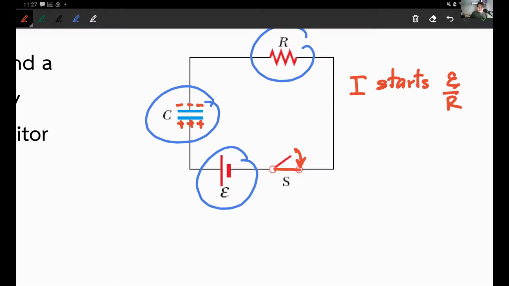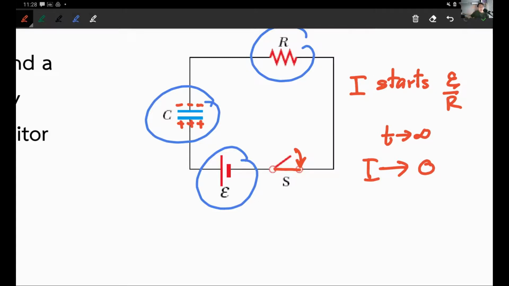I don't feel a thing. But eventually, as t goes to infinity, when you wait a long time until the capacitor is fully charged, the current will approach 0. Nothing will flow anymore. Make sense?